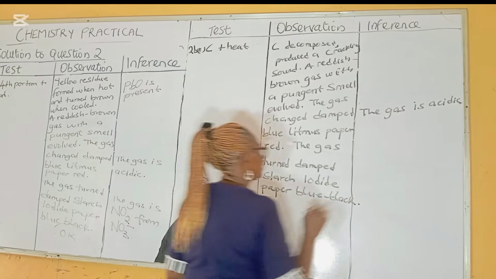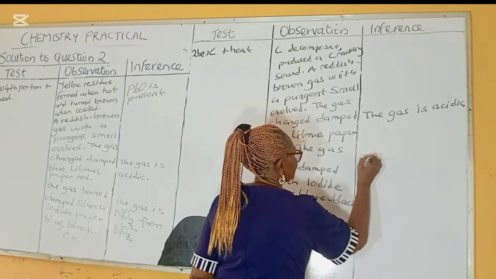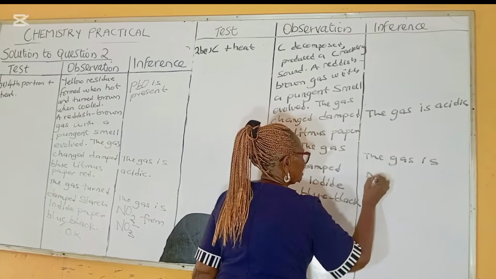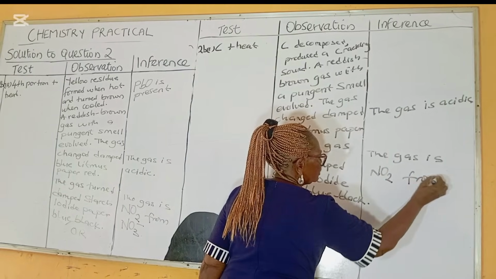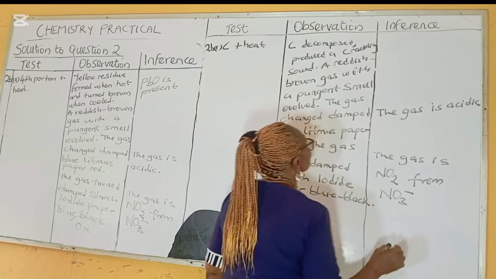That's the confirmatory test. Follow that line. The gas is NO2 from NO3 minus.